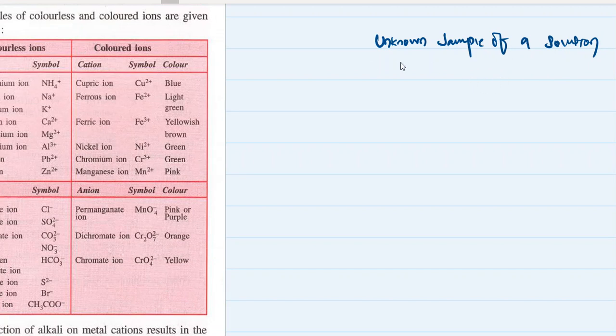So in this unknown sample of a solution, you have to add reagents. Which reagents? Ammonium hydroxide solution, and sodium hydroxide, which are the reagents which will also be provided to you.